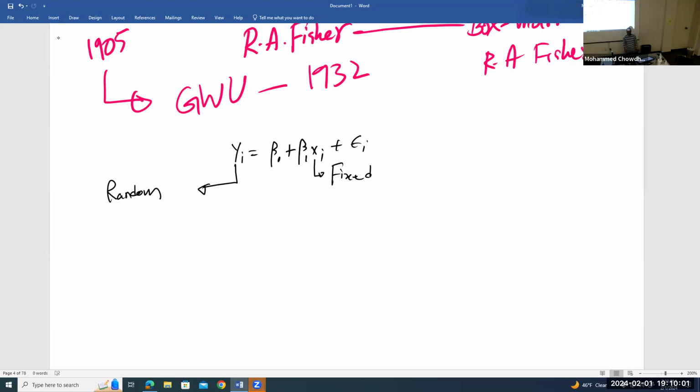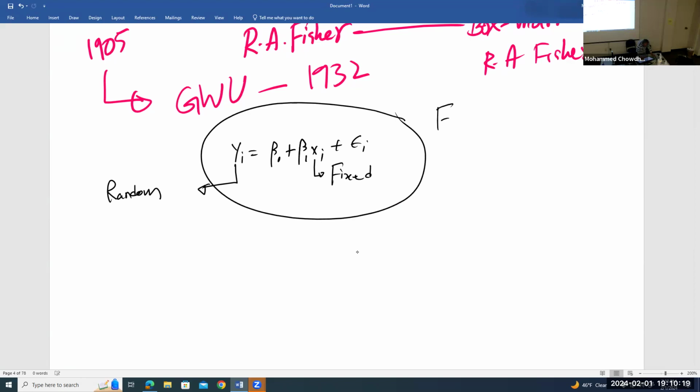I want to show you visually how that distribution exists. Are you understanding? Take a look at that. That is why this model is called the fixed effect model.